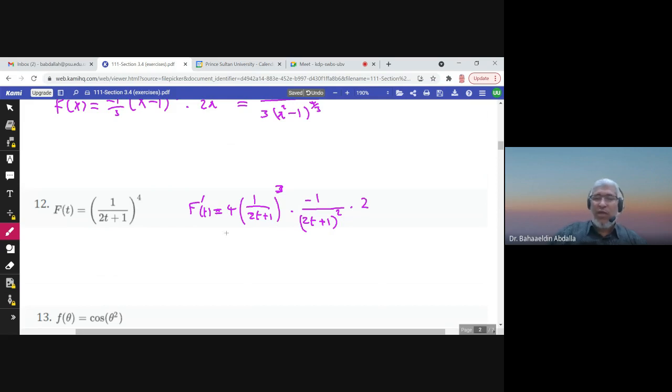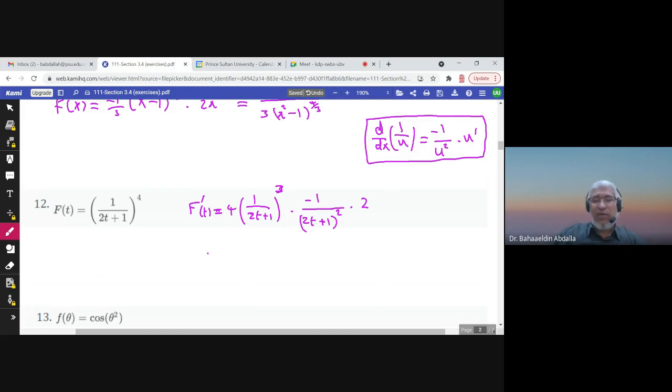Okay, so put in your mind that d by dx of 1 over u is negative 1 over u squared times u prime. Okay, to find the derivative of 1 over u, negative 1 over u squared, we know this, but then you multiply by u prime if u is a function of x.